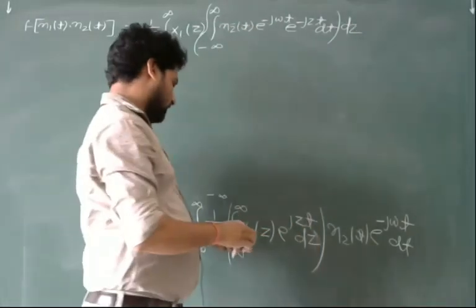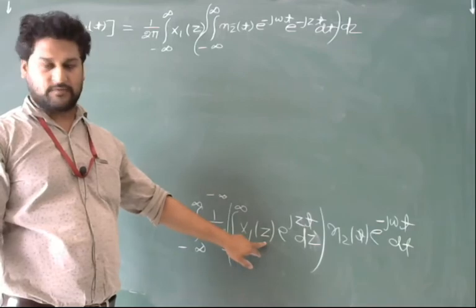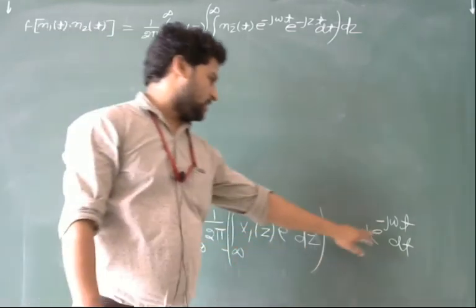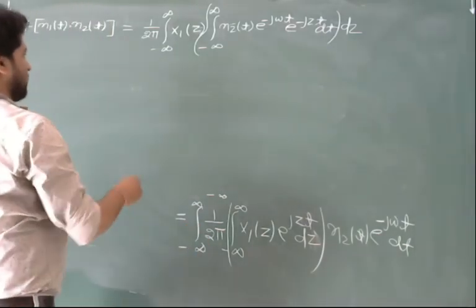I am taking the frequency z for this signal x1(t), and this is minus j omega t for the Fourier transform of x1(t) into x2(t).